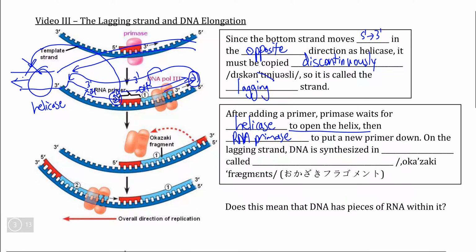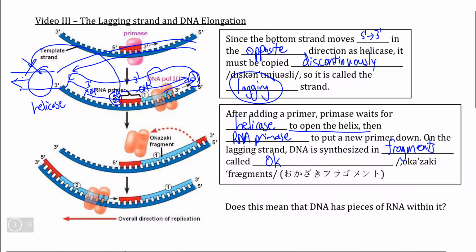this bottom strand the lagging strand, which again we can identify because the direction of replication always moves in the opposite direction as helicase does, meaning that this bottom strand needs to be synthesized in partial fragments of DNA instead of being replicated in one continuous stream.